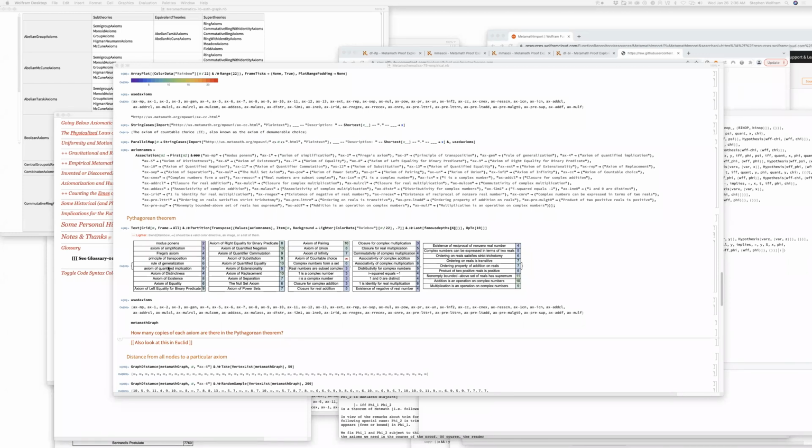The question is, if we look at all the possible paths to reach, let's say, the axiom of distinctness, how many such paths are there from the theorem to the axiom? Yes, because that's the number. If we compiled the theorem down to axioms, that's the number of copies of that axiom that would appear in the compiled statement.